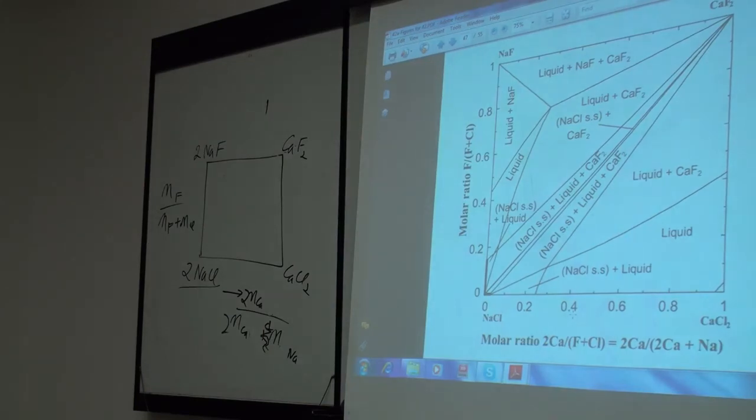It just has to do with the fact that geometrically you need the same denominator here as you do up here if you want the diagram to look properly. So there's your reciprocal salt phase diagrams, which you're going to come across for sure.